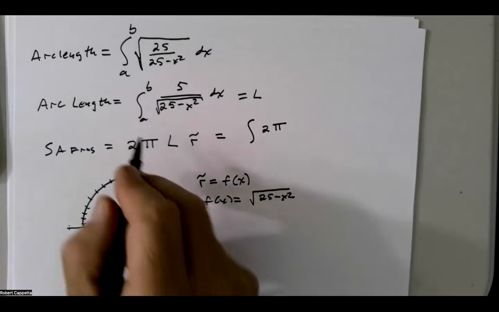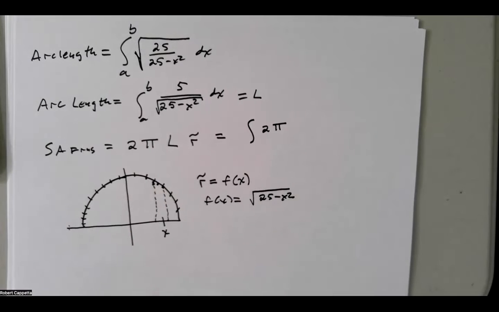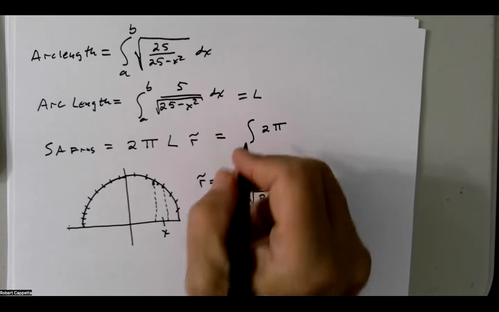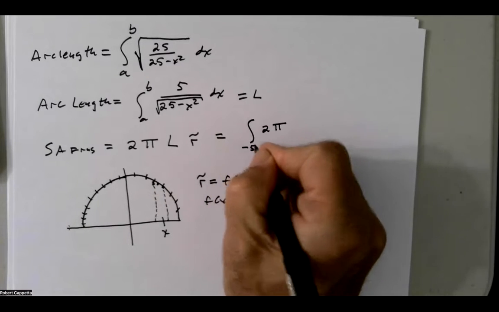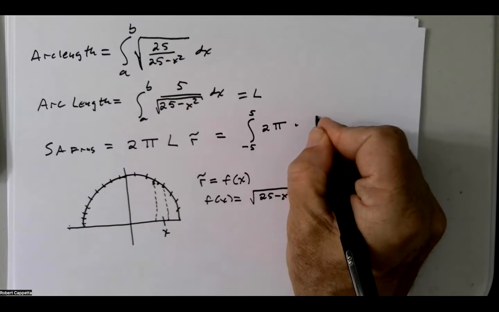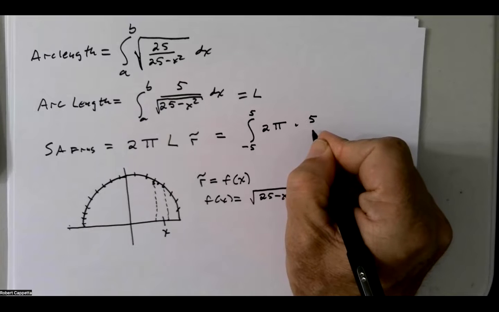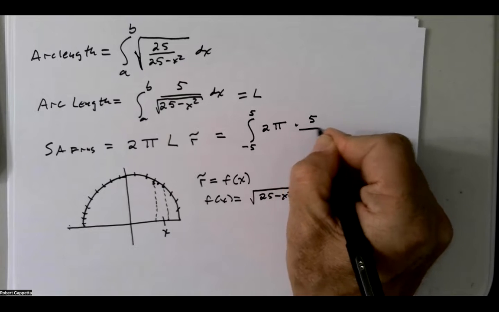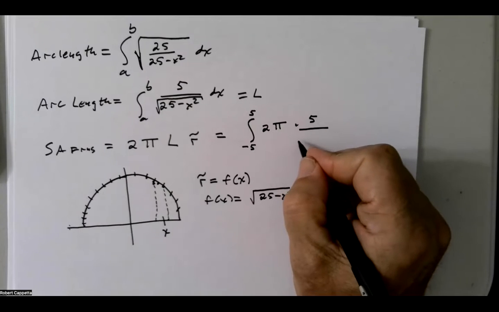The L part before was from a to b for our interval, but this time we're going to go over the entire interval, which is from -5 to 5 as we add all of these frustums together. This is the portion that I needed for my arc length, which is 5 over the square root of 25 minus x squared dx, but I'm going to hold off on the dx until the end.